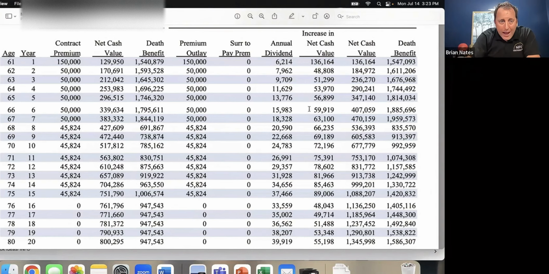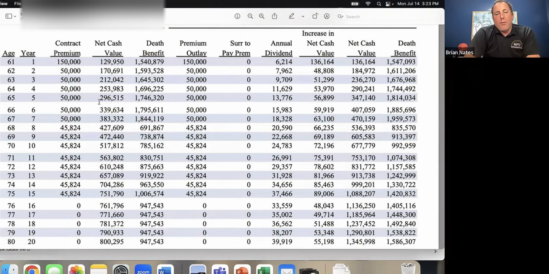So when you add up the cumulative, let's say 150 plus 50 is 200, 300, 350, 400, 450, 500, you're adding all these up, and there is more cash value than you put into the policy.